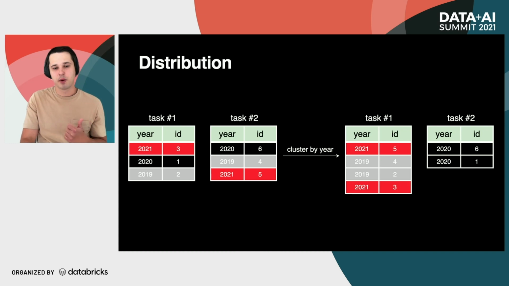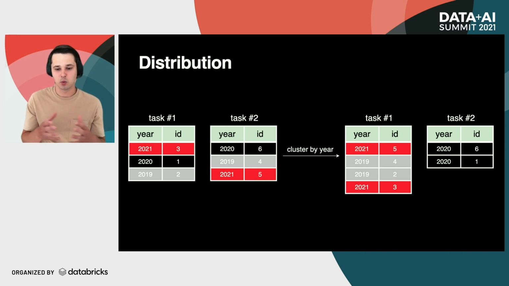If I ask Spark to cluster this data, which is one way to distribute it, Spark will shuffle this data around so that all records for a given year will be in the same task. In the provided example, both original tasks contain records for 2019, but after we did clustering, all the records ended up in task 1.